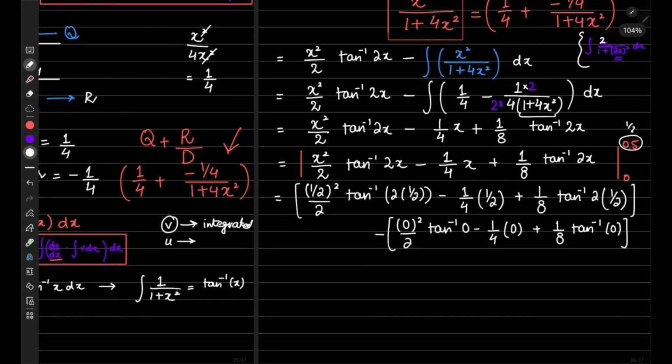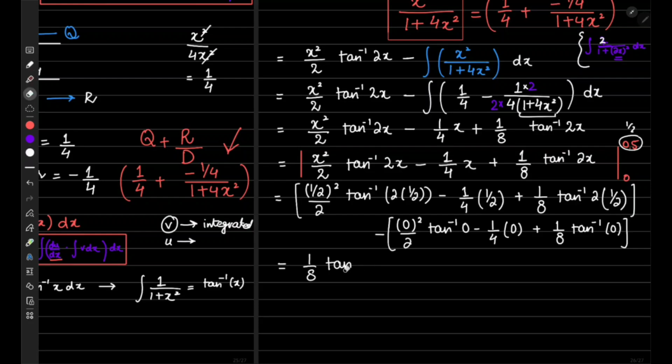Obviously we won't get any result for the 0, but still we have to show that you have substituted in the limits. So 1 over 2 square is 1 over 4, 1 over 4 times 1 over 2 is 1 over 8. 1 over 8 tan inverse of 1.